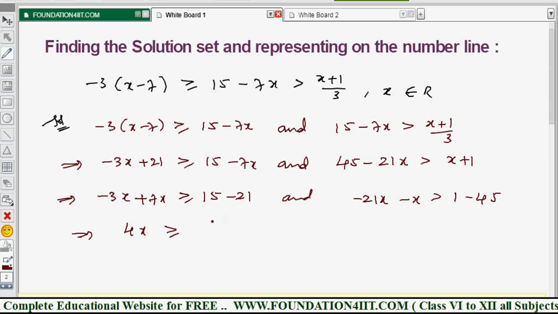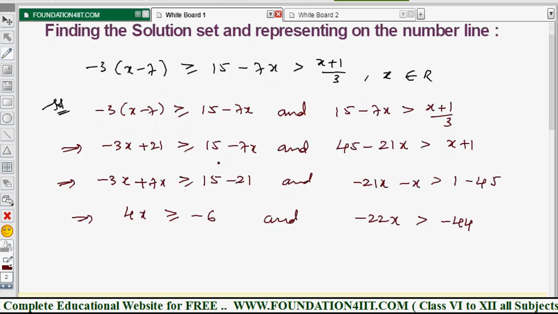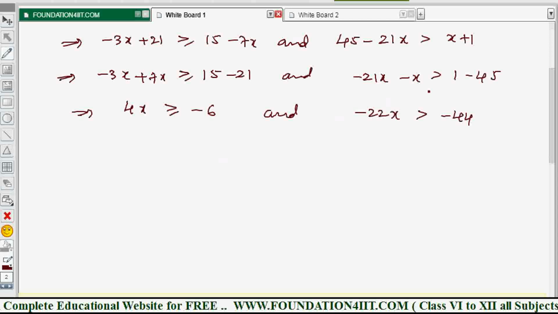So from this you can simplify: minus 6, and minus 21x minus x is minus 22x, greater than 1 minus 45, which is minus 44. We will simplify now: 4x, so from this x is greater than or equal to minus 6 by 4. So x is greater than or equal to, cancel the 2, minus 3 divided by 2. So x is greater than or equal to minus 3 by 2, so minus 3 by 2 is less than or equal to x.